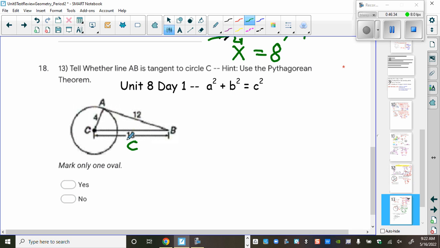So now, is it going to matter what the other two are? No. A, B. Again, your longest number is always C. But now you got to substitute into the Pythagorean theorem. So it's going to be 4 squared plus 12 squared equals 13 squared.